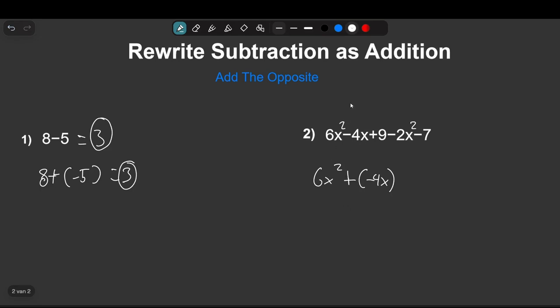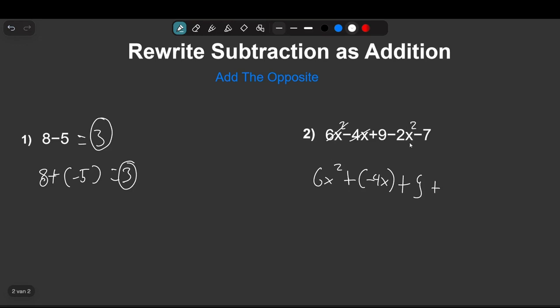Now we're done with this, and you can cross these off once you are done with them so you don't get confused. Now we have plus 9. Plus 9 we can just write like this and go to the next one. Now we have minus 2x squared. Again, we have a minus sign, so we change this to addition, like this.